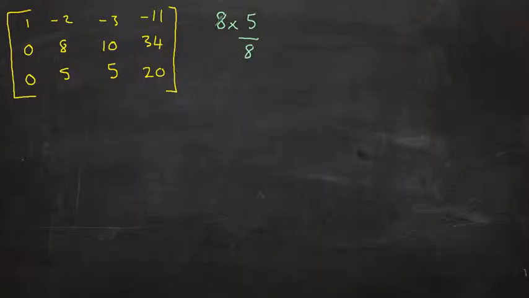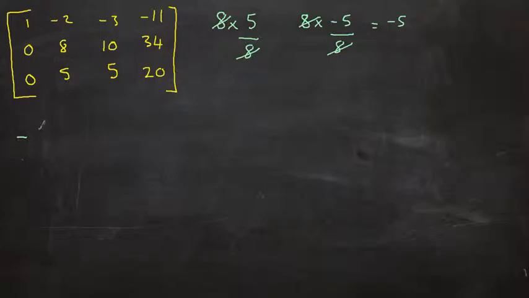5/8, the 2 8's cancel and you're left with 5. So it stands to reason, if we multiply 8 by minus 5/8, when the 8's cancel, that'll give us minus 5. So this tells me, take row 2 and multiply it by minus 5/8 to get rid of this 5 here, because when we add minus 5 to that 5, it will come to 0, which is what we want.